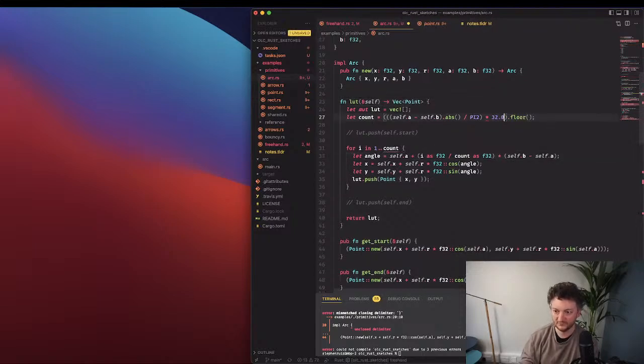Right. You do want count to be a 32-bit integer. Looks right.